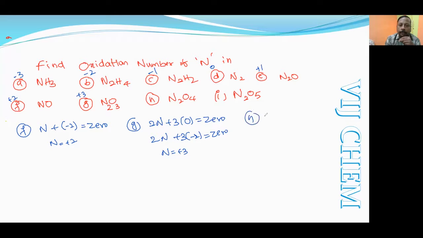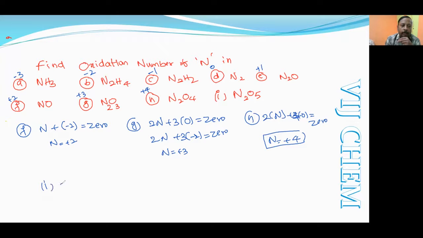Then H part. N2O3 is already over, so here it will be N2O4, and it will be +4. So here the oxidation number will be +4.